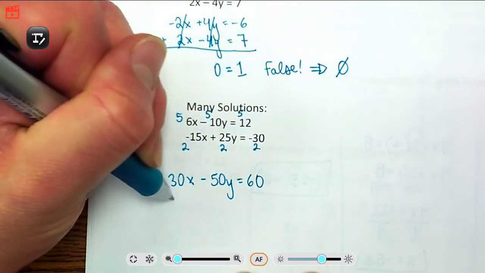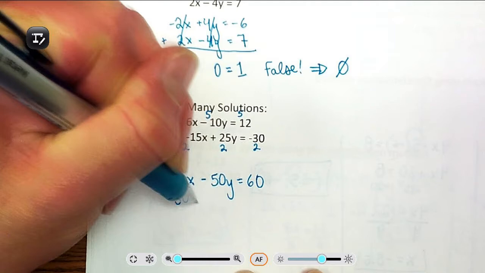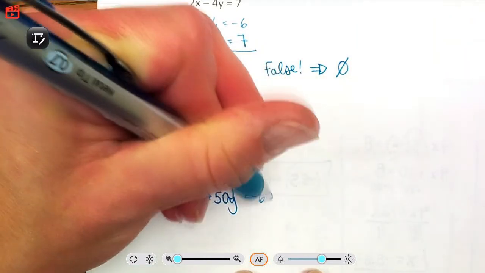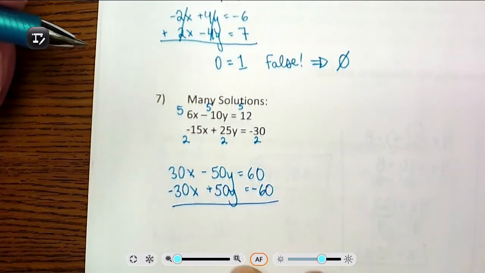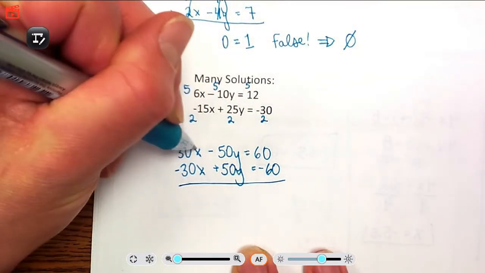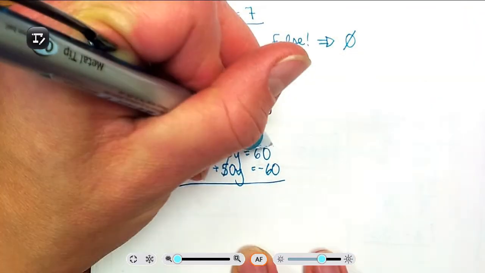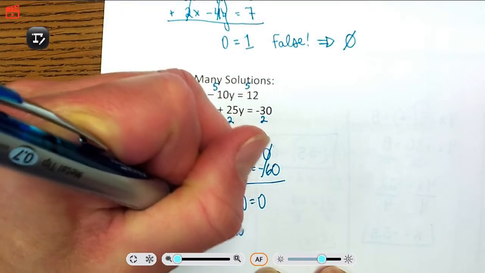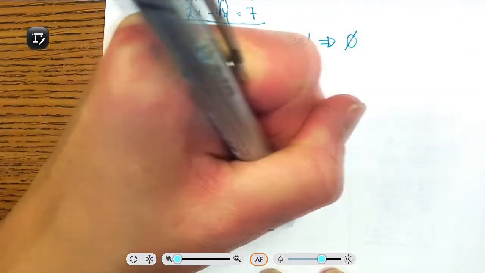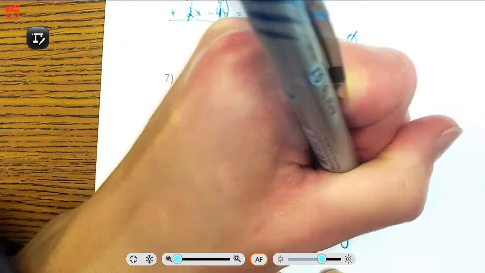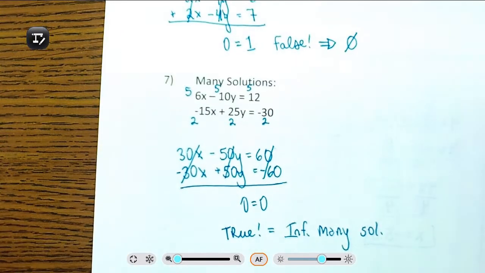And down here, negative 30x plus 50y equals negative 60. So what do you see now? We see that these will cancel, and these will cancel. So you technically have 0 equals 0, which is true, which means infinitely many solutions.